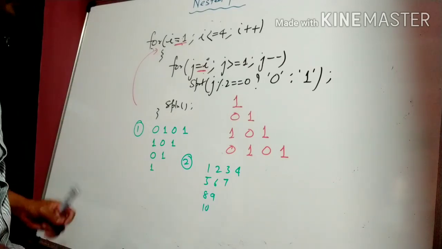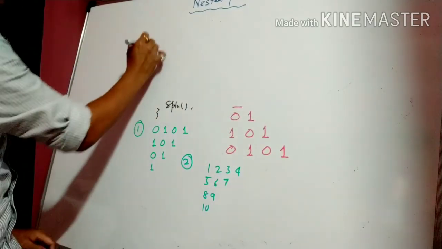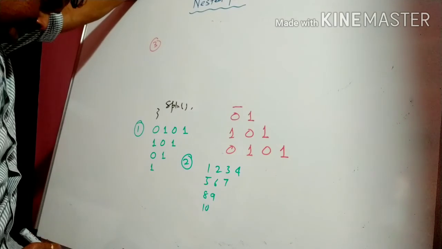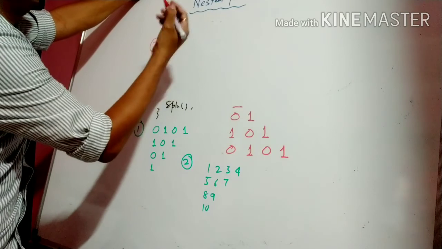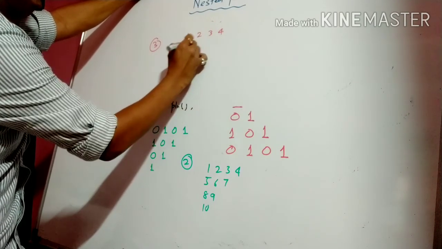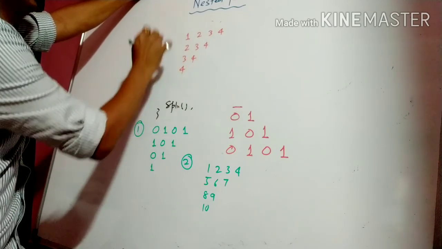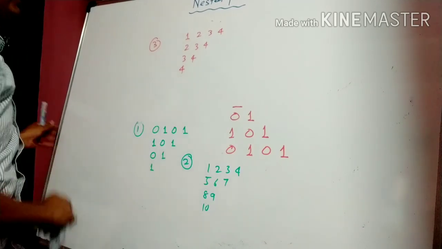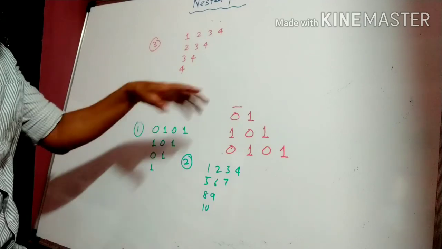One more. Chalo, do this question for your practice. Number 3 and last will be, simple: 1 2 3 4, 2 3 4, 3 4. Make this question and write the answer, write the logic, mainly logic, in the comment box.